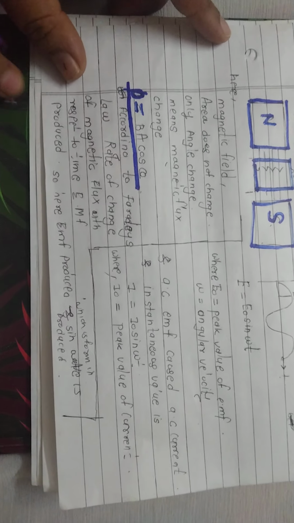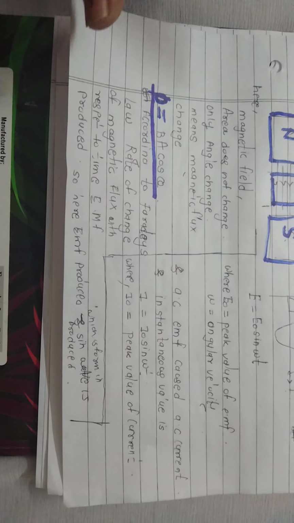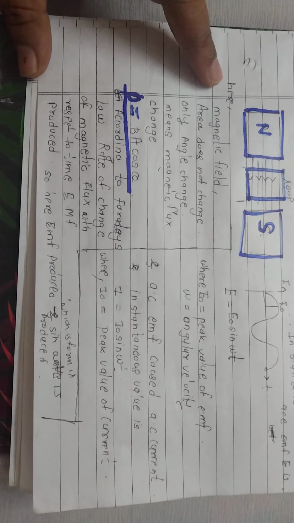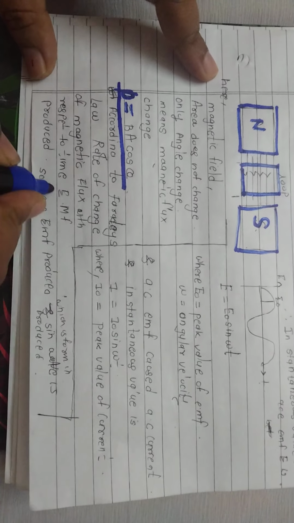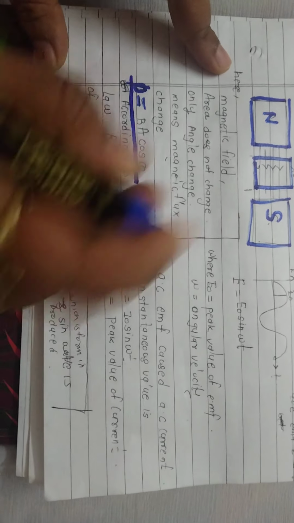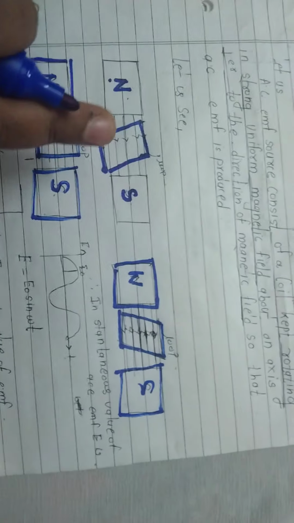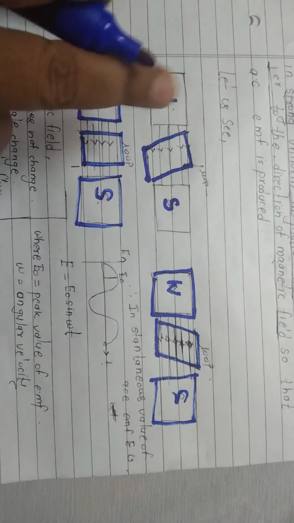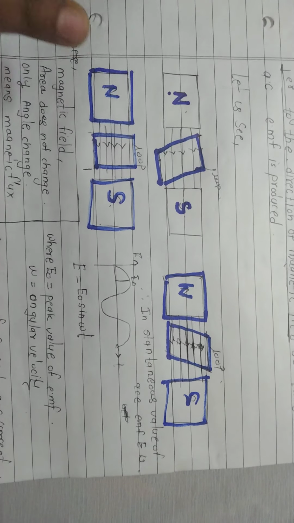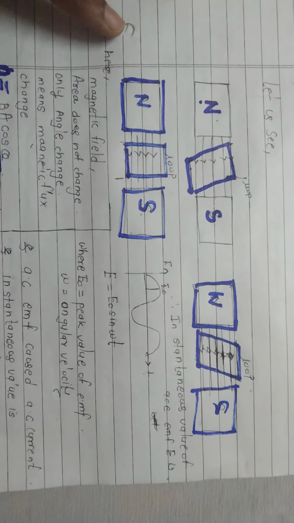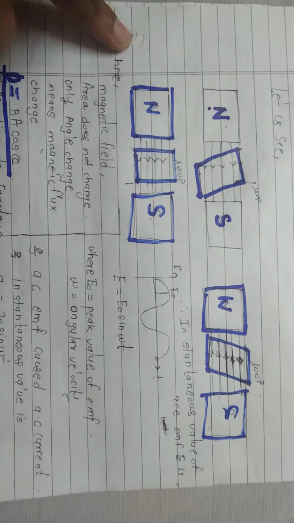According to Faraday's law, when the magnetic flux changes with respect to time, EMF is produced. Here the loop is rotated, which means the angle is changed, which means the magnetic flux changes, which means EMF is produced.